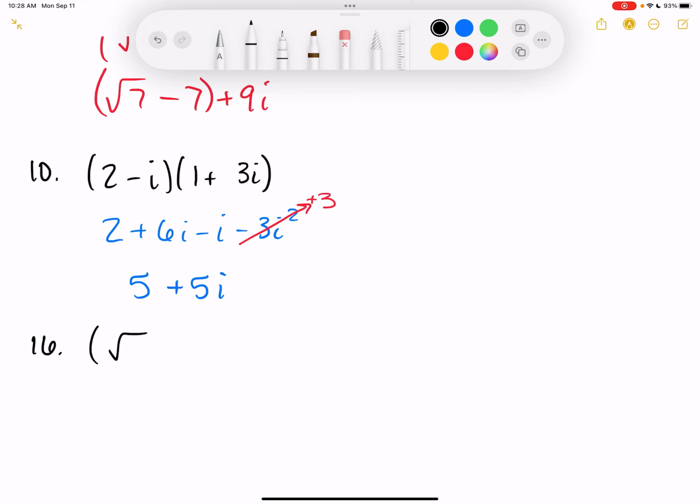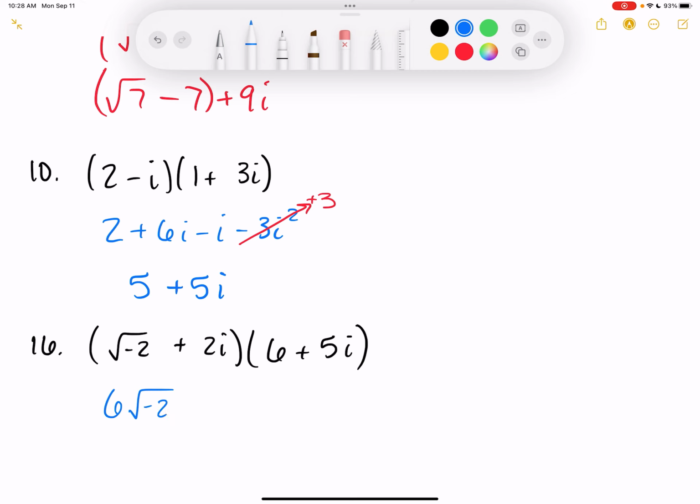I've got the square root of negative 2 plus 2i times 6 plus 5i. So FOILing again, so this is going to be 6 square root of negative 2.